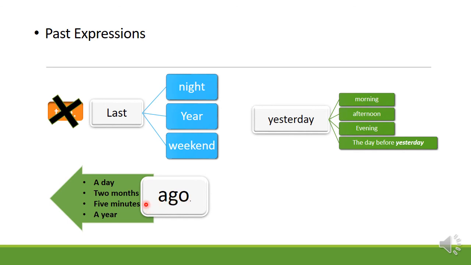For example, a day ago, 2 months ago, 5 minutes ago, a year ago. You may also mention some other time expressions to refer to the past. In all these examples, we will use a preposition in 1989, in December, in the 21st century.